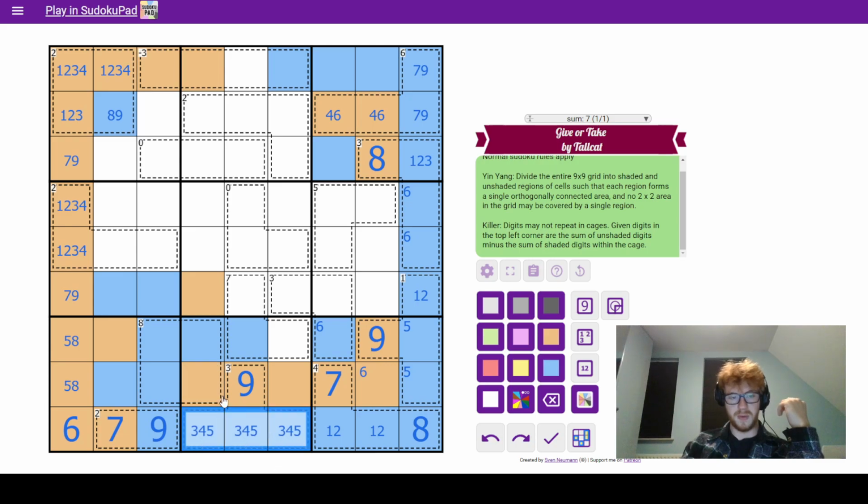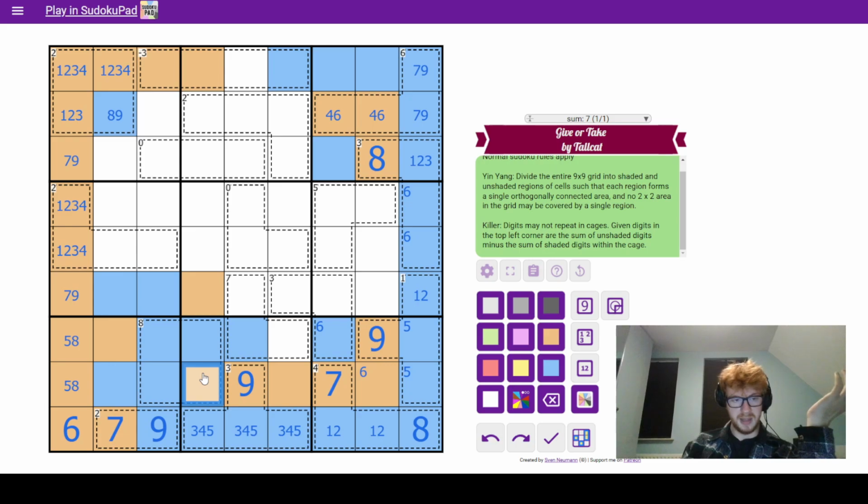Okay, so 3, 4, 5 is blocked. So if this is not 1 or 2, it's 6. That means this has to sum up to 14. The minimum this can be is 7, because 3 and 4, so 7. I don't see anything wrong with that. This cannot be 7.